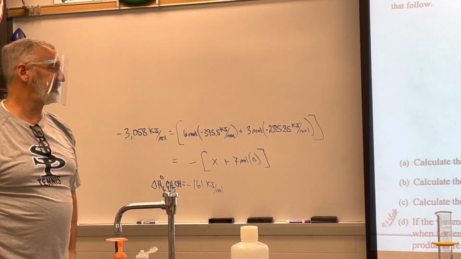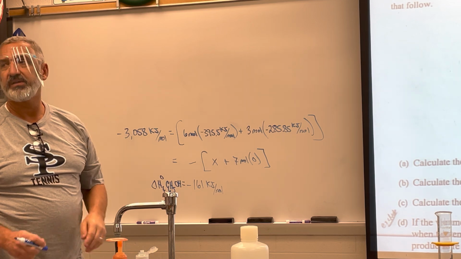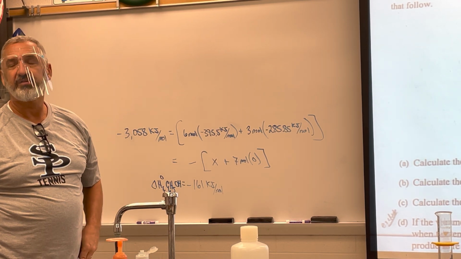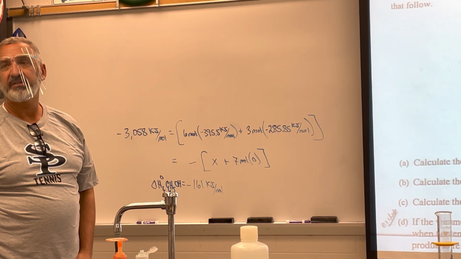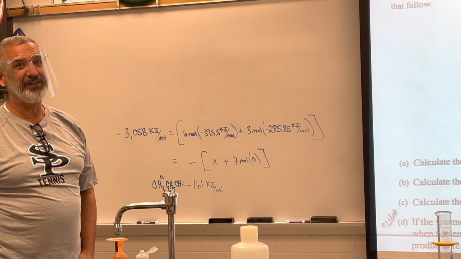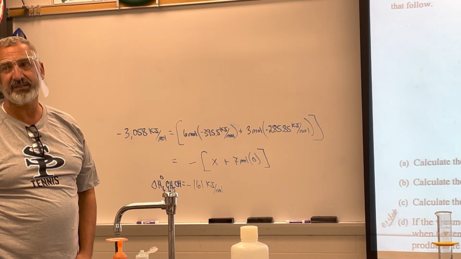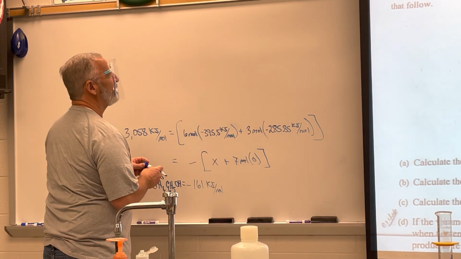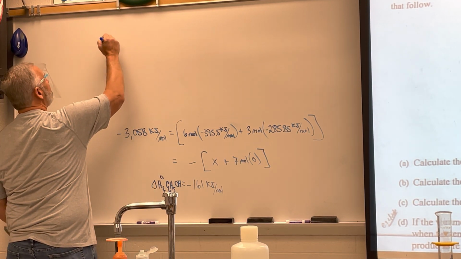How do I calculate delta G? I don't have any values for delta G. What do I have? You have to find delta S and then use delta G equals delta H minus T delta S. So this is a 2-part, fairly long problem. So we go to delta S, and how do I find delta S?